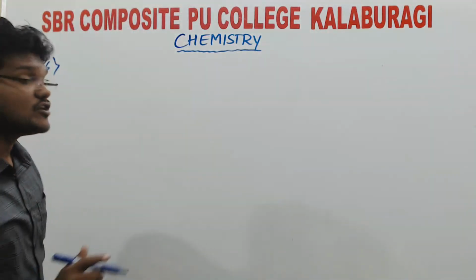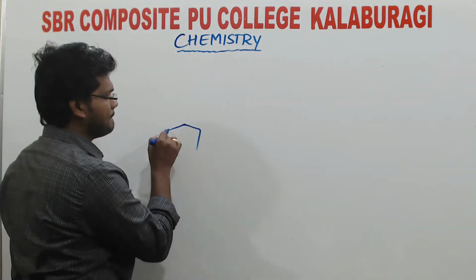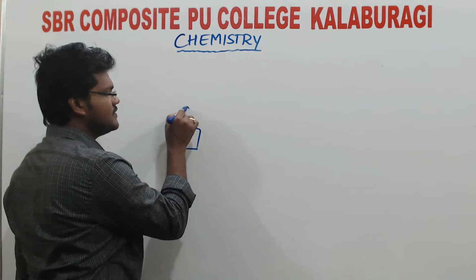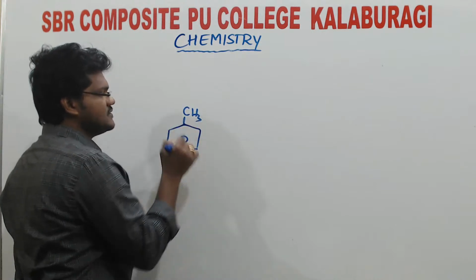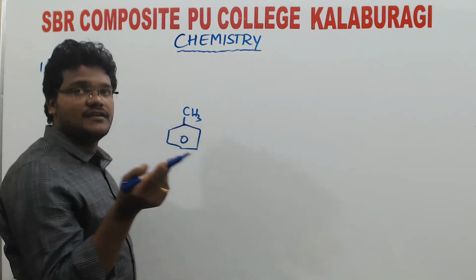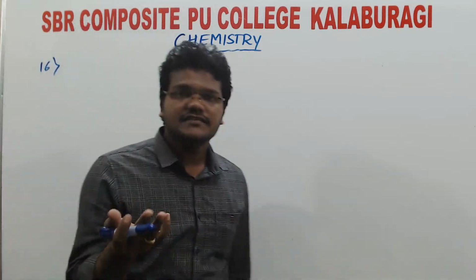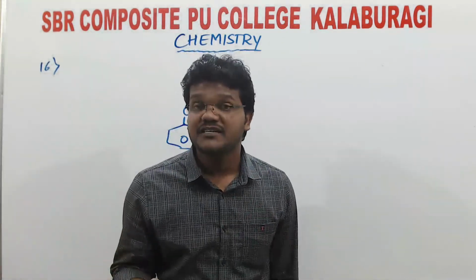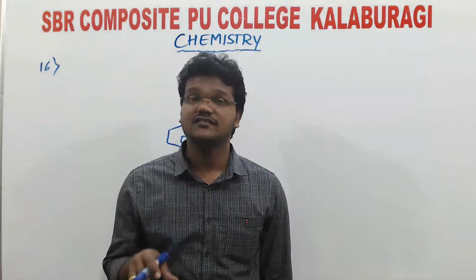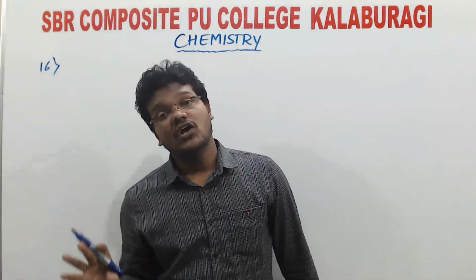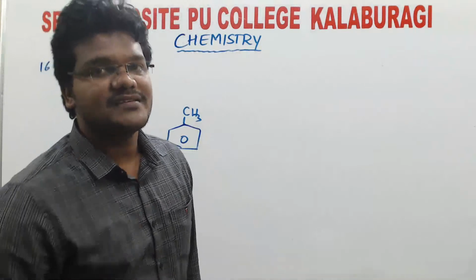Nitration of toluene. I have toluene, C6H5CH3. Nitration means in the presence of a nitrating mixture. Nitrating mixtures are nothing but HNO3 and H2SO4, both concentrated. They will produce NO2 plus, the electrophile.